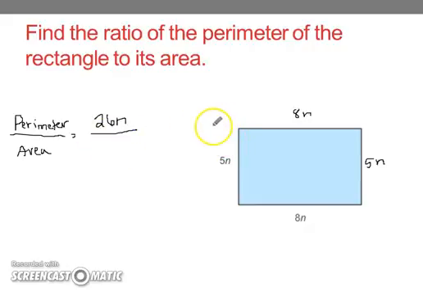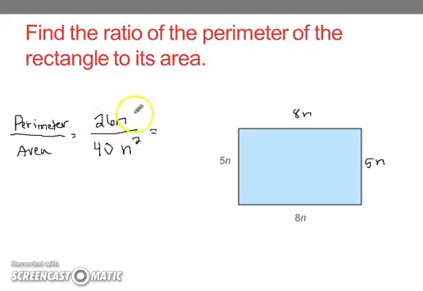Our area is found by multiplying the width times the length. So 5n times 8n: 5 times 8 is 40, n times n would be n squared. So we have 40n squared. Then simplifying this, dividing out what's in common, they both share a 2.